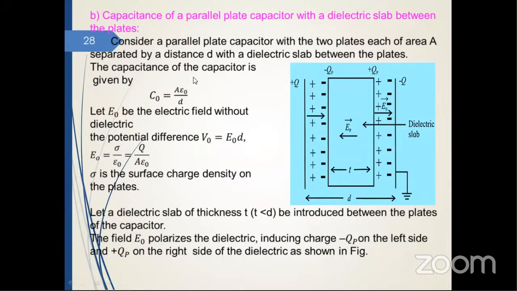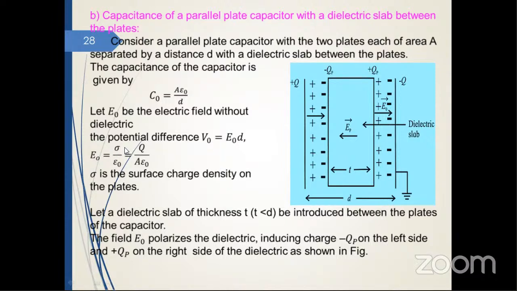Again, the capacitance of the capacitor, with the help of the basic equation, C naught is equal to A epsilon naught divided by D. Here E naught is the electric field without dielectric. First we give the equation without dielectric, and then we will see with dielectric. The potential difference V naught is equal to E naught D.